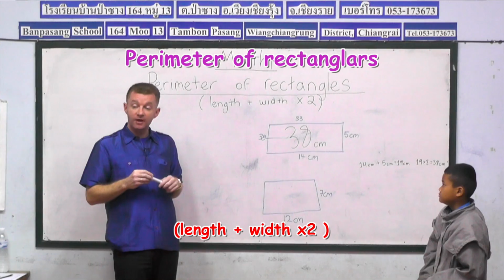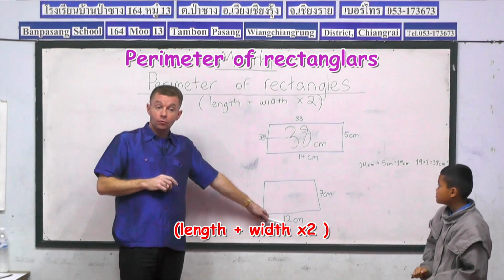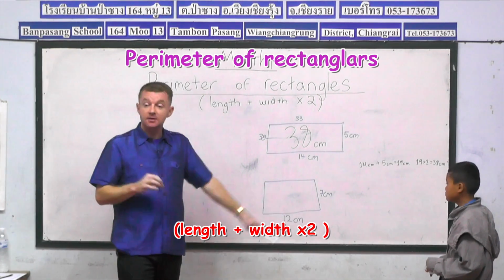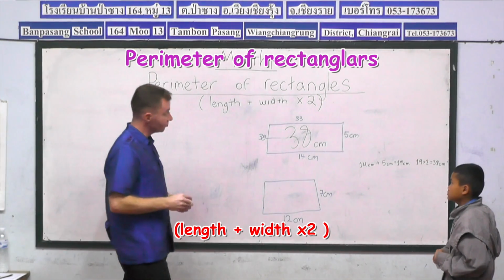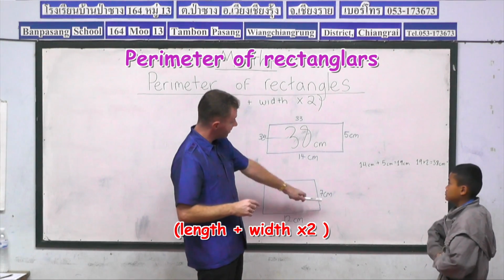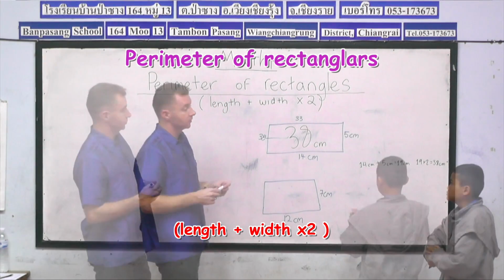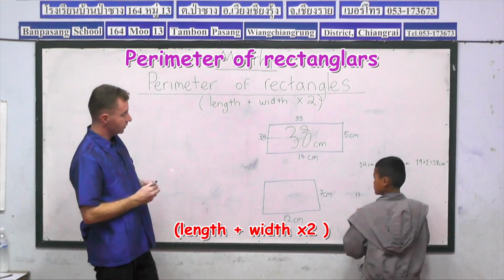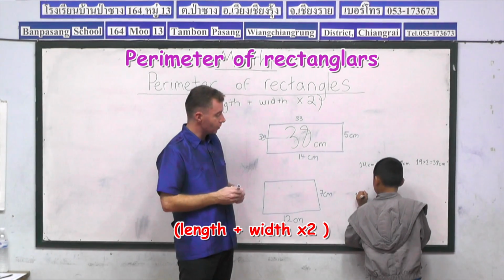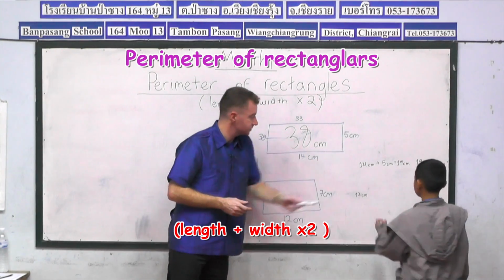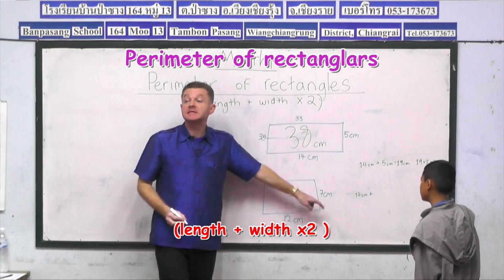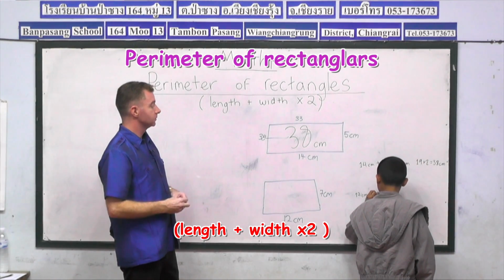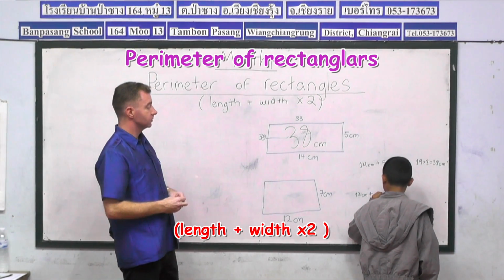So what do we need to do first, guys? 12 plus 7. 12 plus 7 centimetres. So Chu, can you work out 12 centimetres plus 7 centimetres?